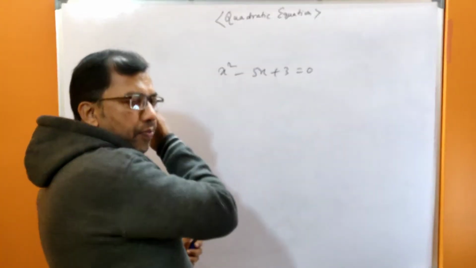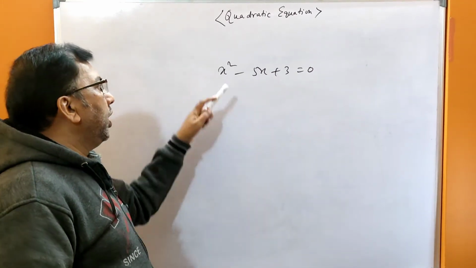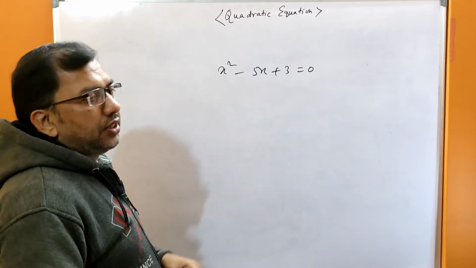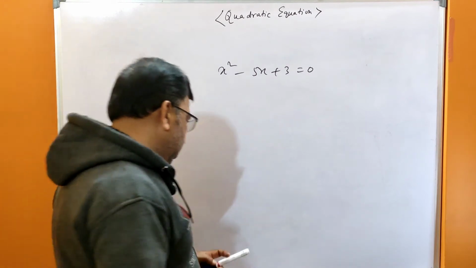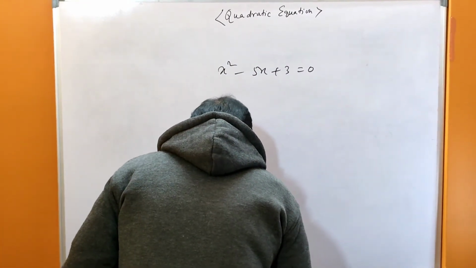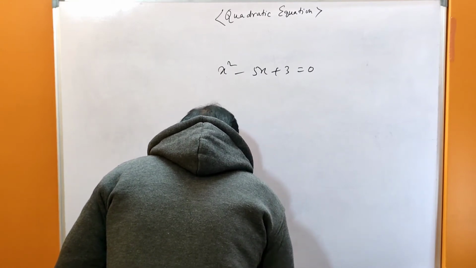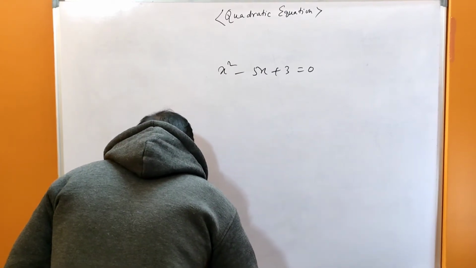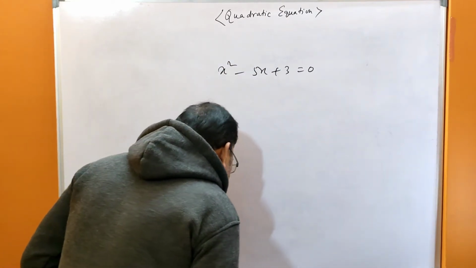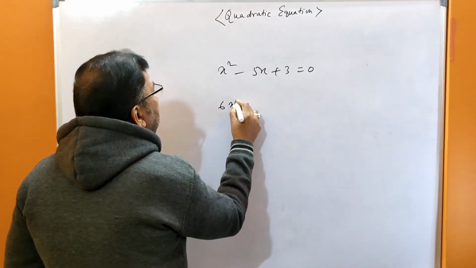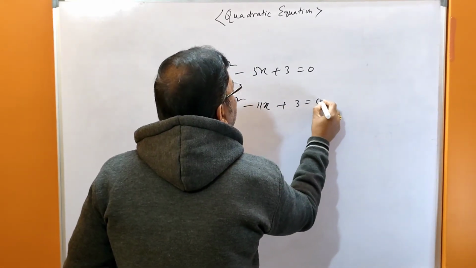So now, just find out how to resolve the factors. You have to find out x. You can apply the Sridharacharya formula here or the factor method. Anyway, suppose 6x square minus 11x plus 3 equals 0.